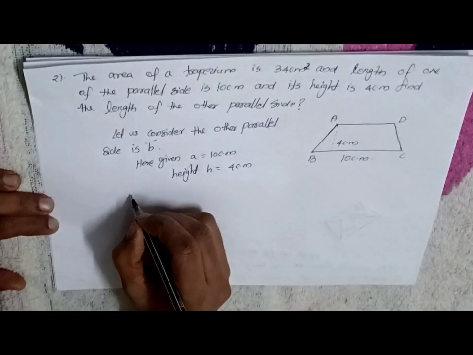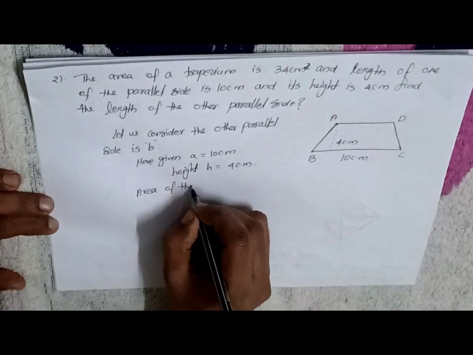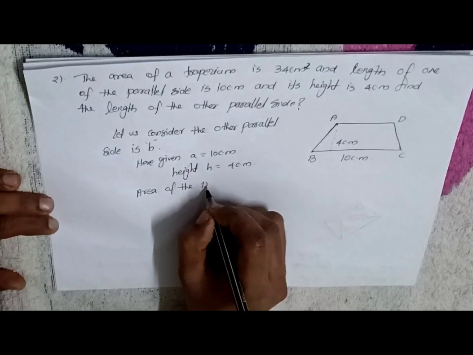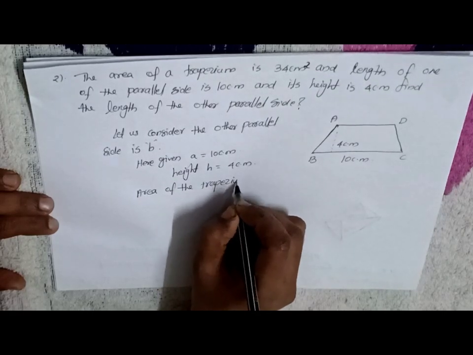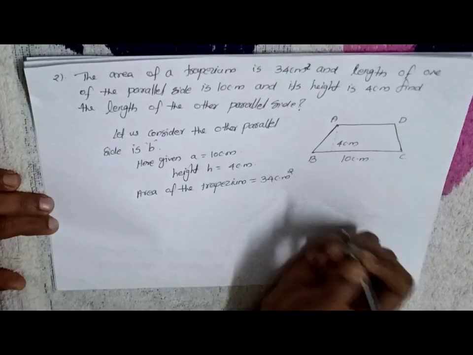We know that the area of the trapezium is also given, that is area of the trapezium equal to 34 centimeter square.